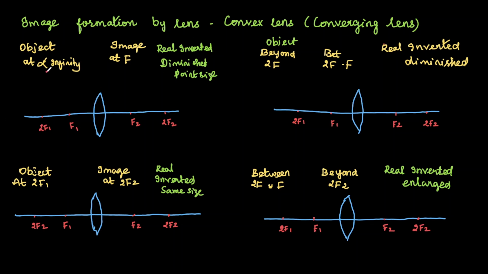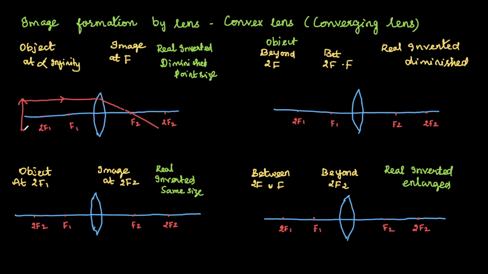So the object is kept at infinity. Let me draw a diagram, object at infinity. I'm drawing a ray diagram. The light from the object, parallel to the principal axis, falls on the lens and it will be focused on the right hand side.